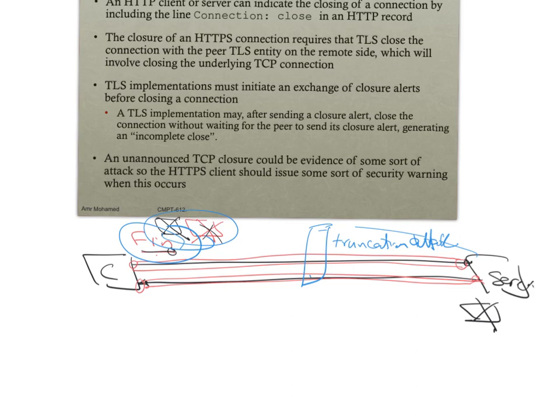So the attacker may block this message, and the server may continue sending information, and the attacker may actually impersonate and break into the communication and try to communicate with the server. The problem with this is that the connection closure is not synchronized, or in other words, it's not reliable, meaning it's done by the client independently from the server, and by the server independently from the client.